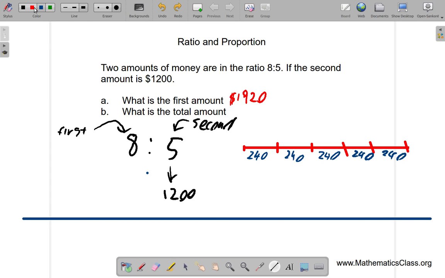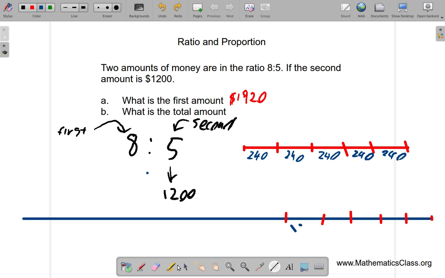So you have the second part divided up into 1, 2, 3, 4, 5 equal parts. And you know that the size of each part is 240.